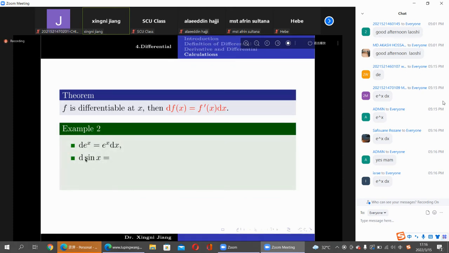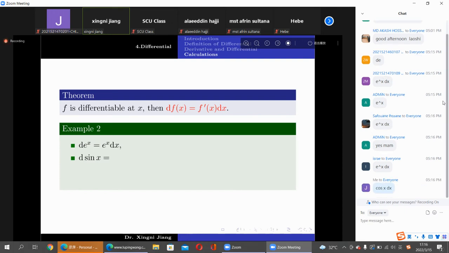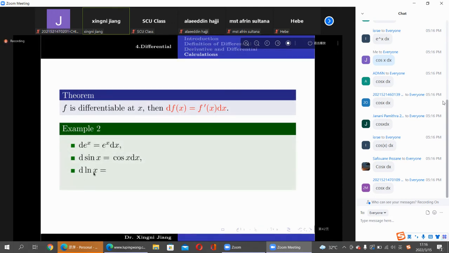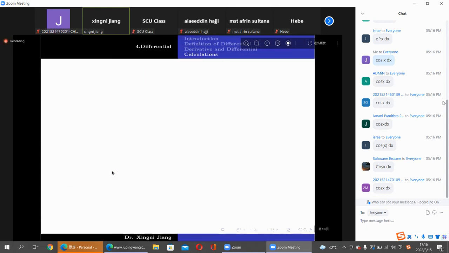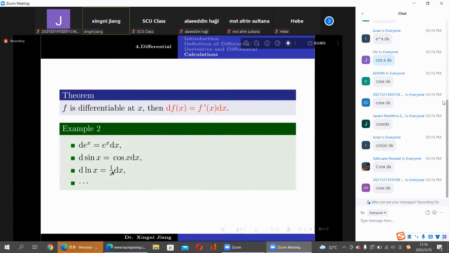Sine x, the differential function of sine x. Correct. It is cosine x multiplied with dx. And ln x will be 1 over x dx. Okay, so everything is just like before, but you write it in a different way.